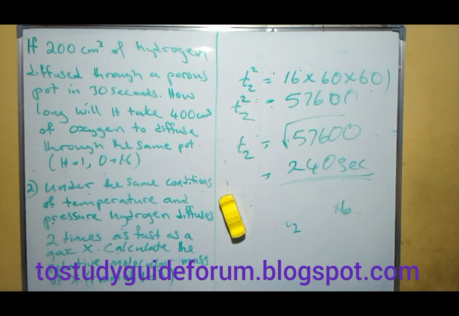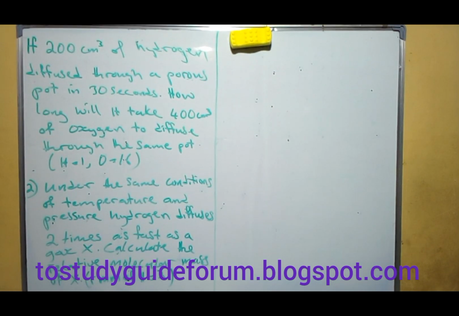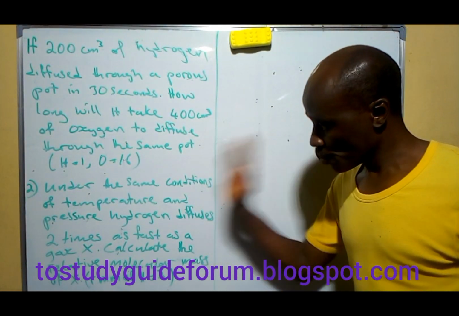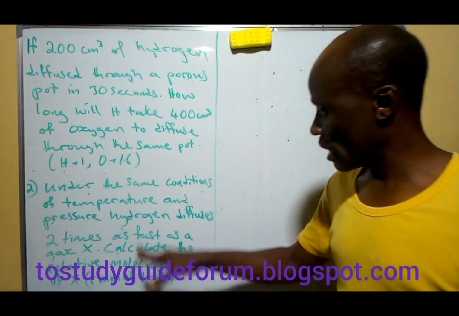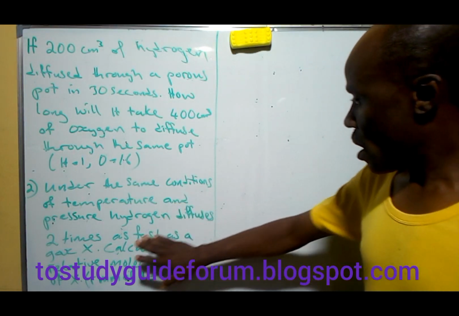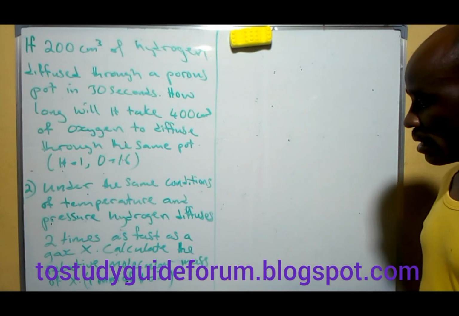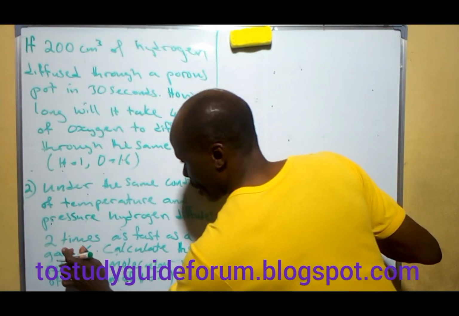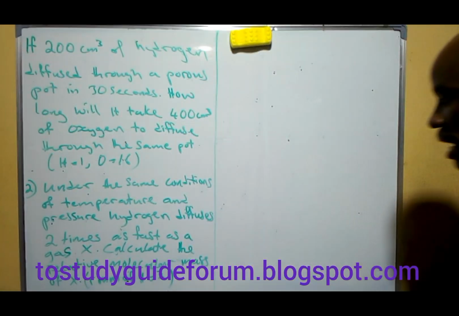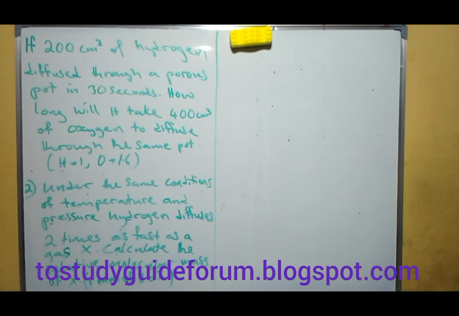Thank you so much. The next one we're going over to is the next question. It says, under the same condition, hydrogen diffuses 2 times faster than a gas X. Calculate the relative molecular mass of this gas.